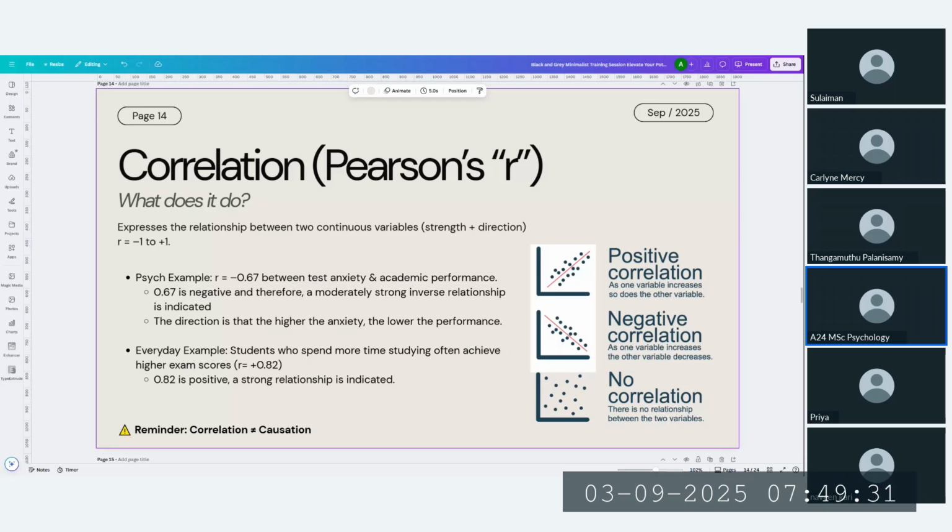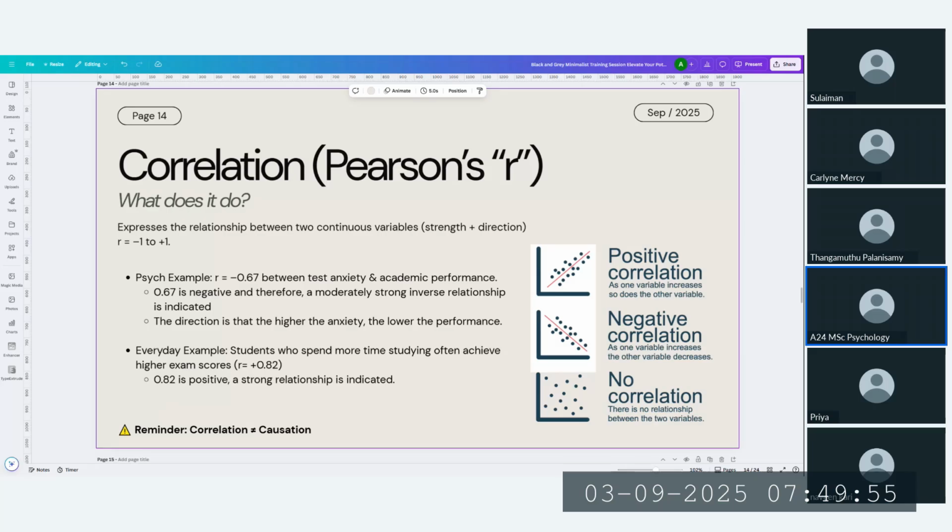It may come across as common sense, but these are psychological studies which have been conducted to find out how much. 0.67 is not like 0.9. It basically talks about what is the relationship between two variables. An everyday example, again, this is from real research.